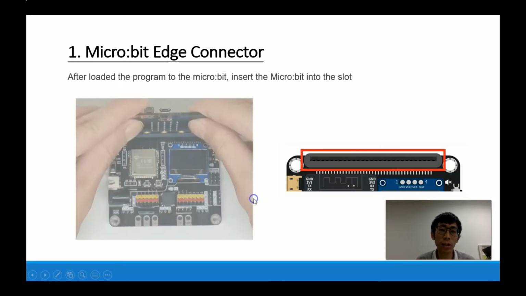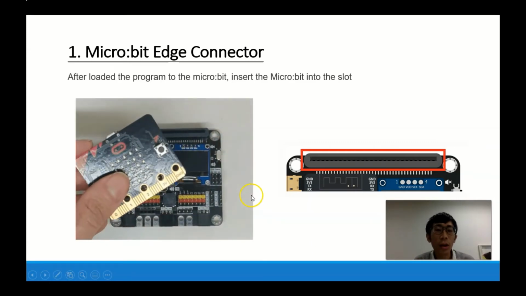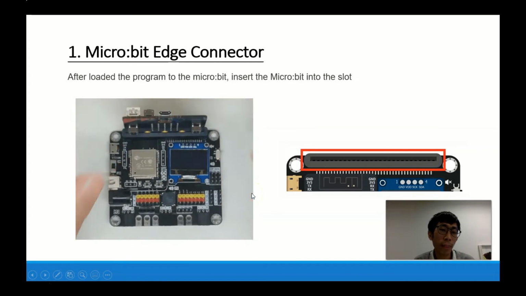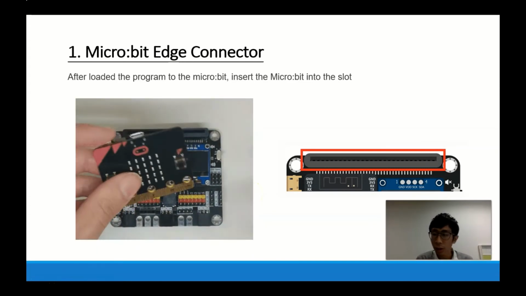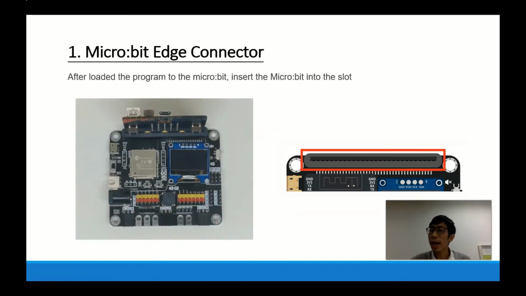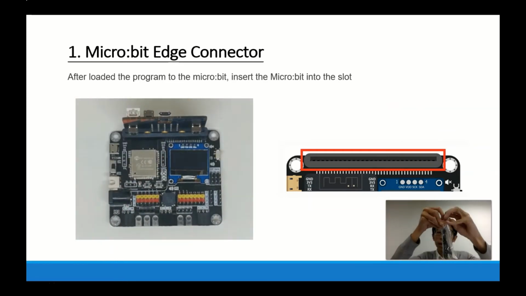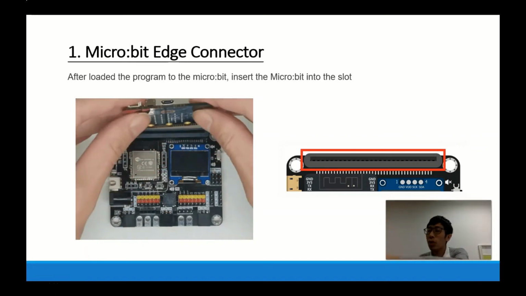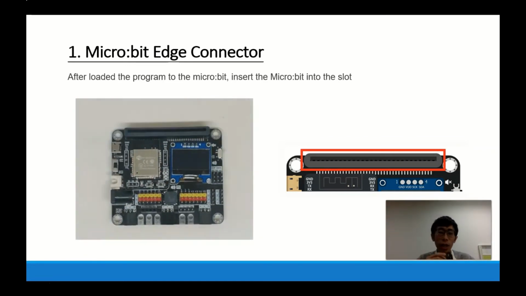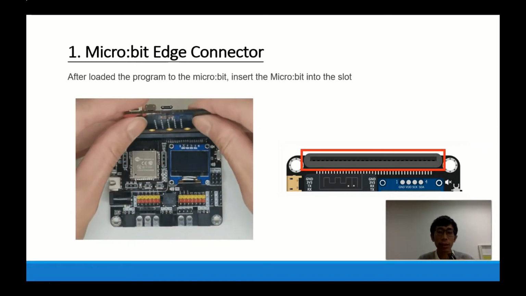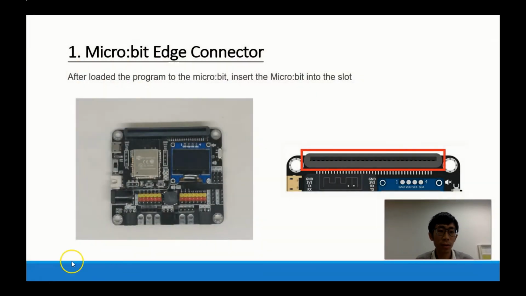You can just see here. Just take the micro:bit and then insert. Well, in the kit set there is actually a USB wire that comes with it, and I can just tell you guys that when you open this one, there's a USB here. Okay.